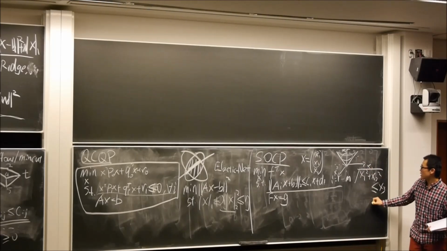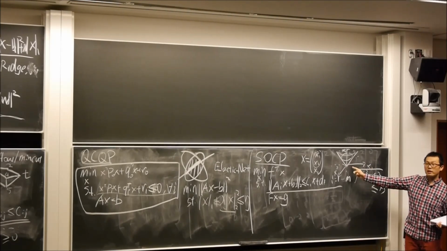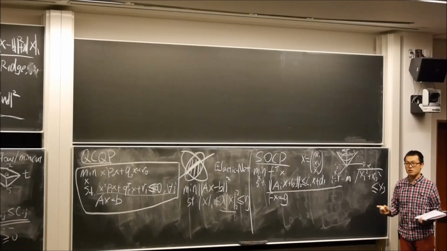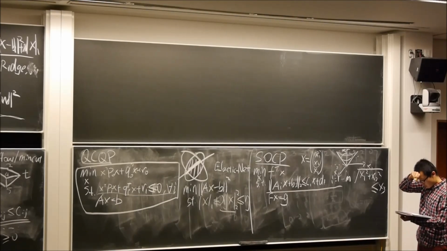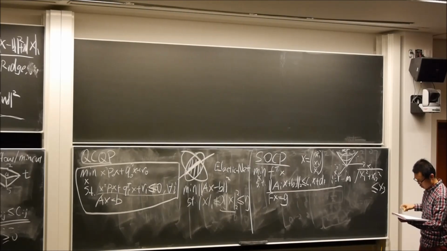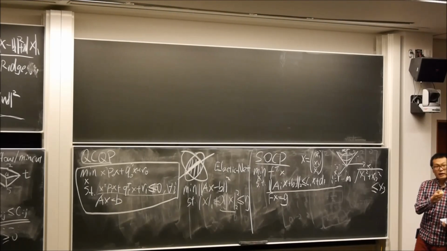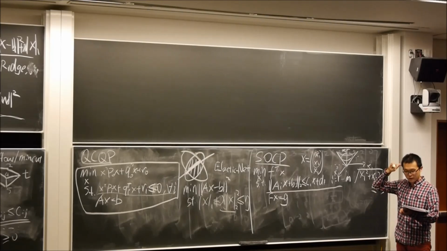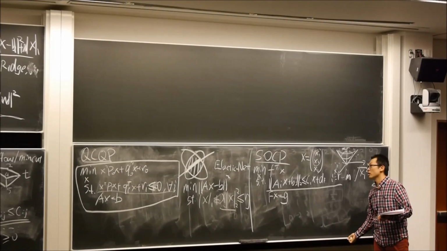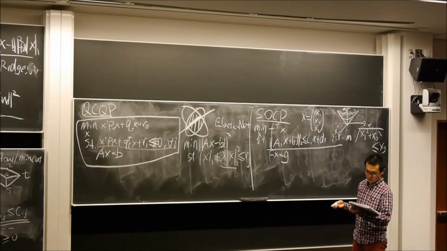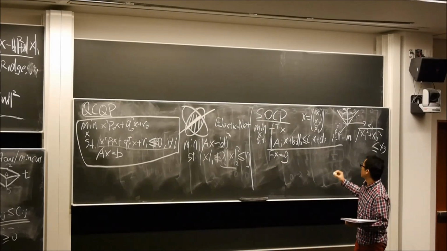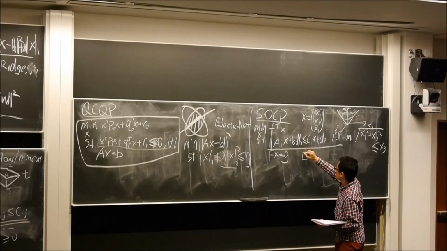That gives us a cone surrounding the x3 axis. Like you mentioned just now, one of the examples of SOCP is simply the group sparsity kind of penalty. So that's what I'm going to show you now.